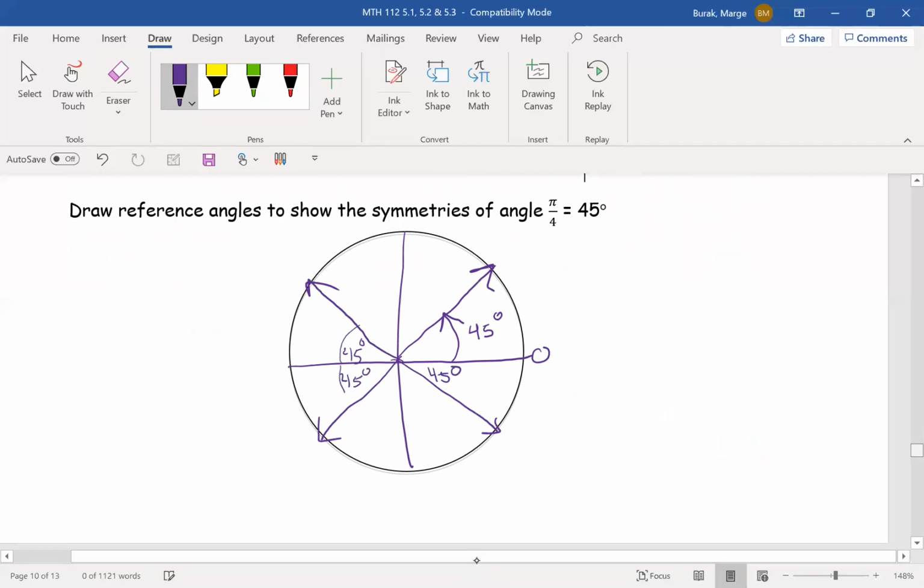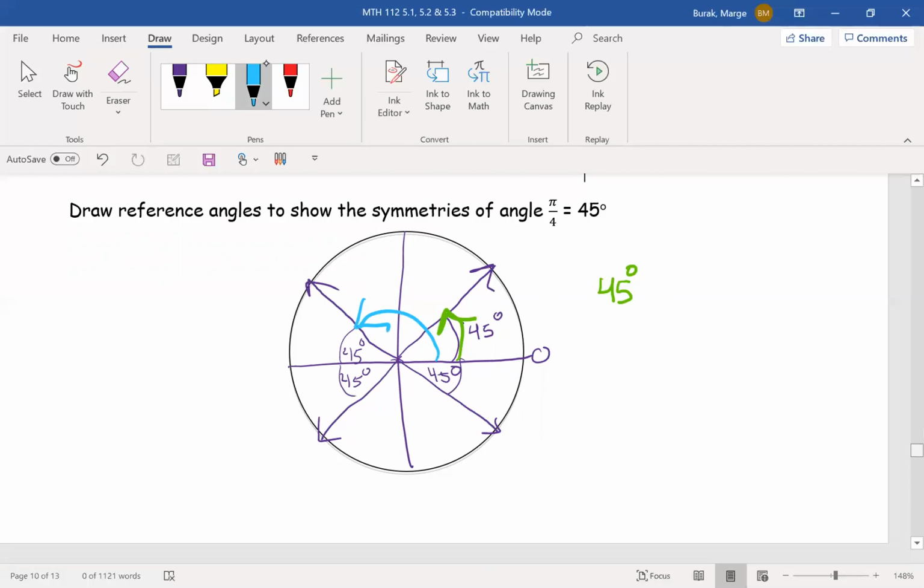So all of these are 45, but what are the angles? Quadrant 1 is this angle. Any angle in quadrant 1 is its own reference angle. But what angle is this one right here in quadrant 2? Well, it's 135 degrees because it's 45 degrees away from 180.